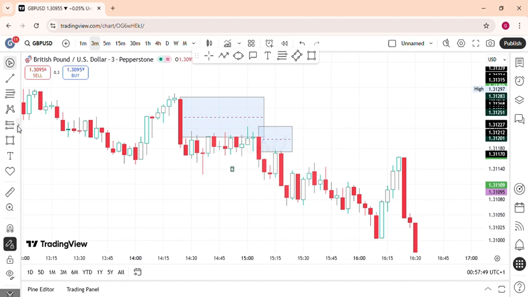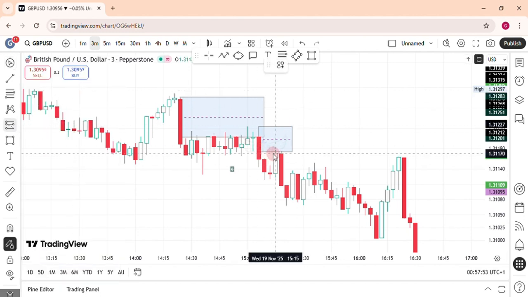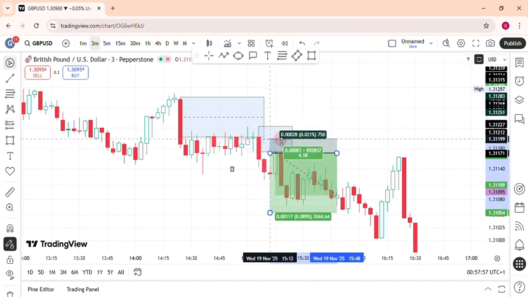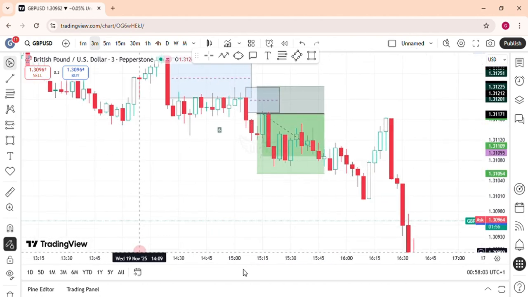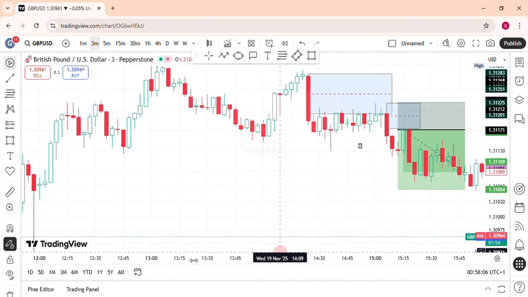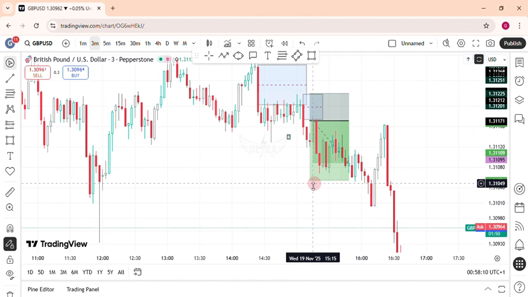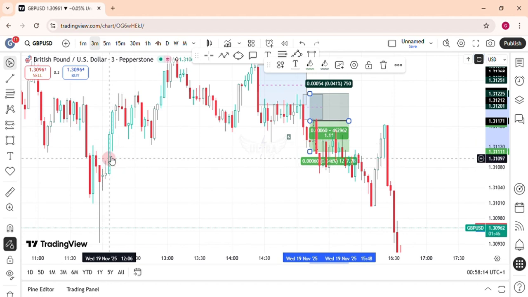So we have a tap into that area, giving us our entry, a short position here, and we have a stop loss right above this high. Our entry is at the fair value gap. The next thing we'd search for is a reason to stop the trade. So we have here a fair value gap.